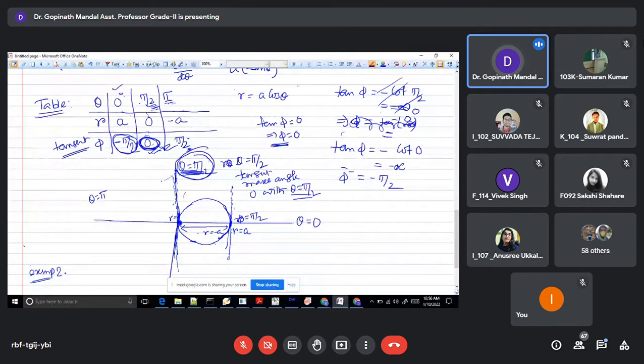We have to find the angle of tangent with the line theta equal to 0, then theta equal to pi by 2, and then theta equal to pi. Here phi equal to minus pi by 2, that means the tangent makes an angle minus pi by 2 with theta equal to 0.